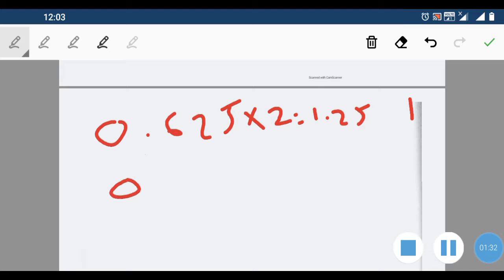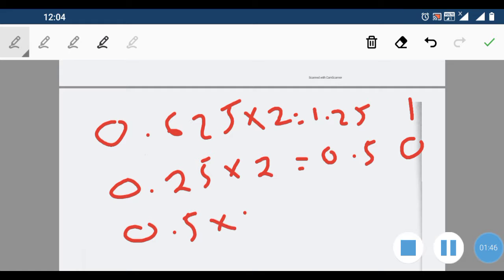Next the remaining 0.25 into 2 again, the value is 0.5, and the integer part here is 0. Then again we multiply 0.5 into 2, so the answer is 1.0. So here the integer part is 1 and the fractional part is 0, so we have no need to multiply again.